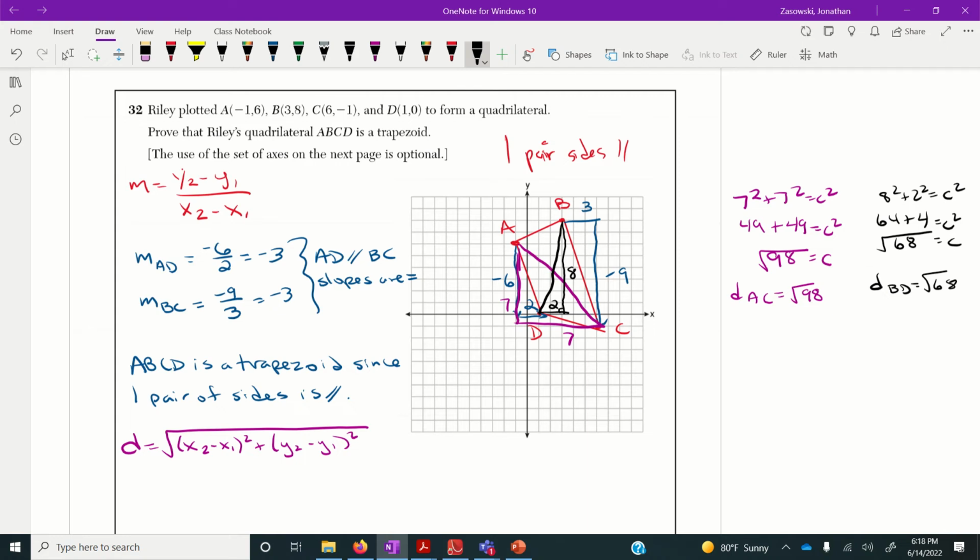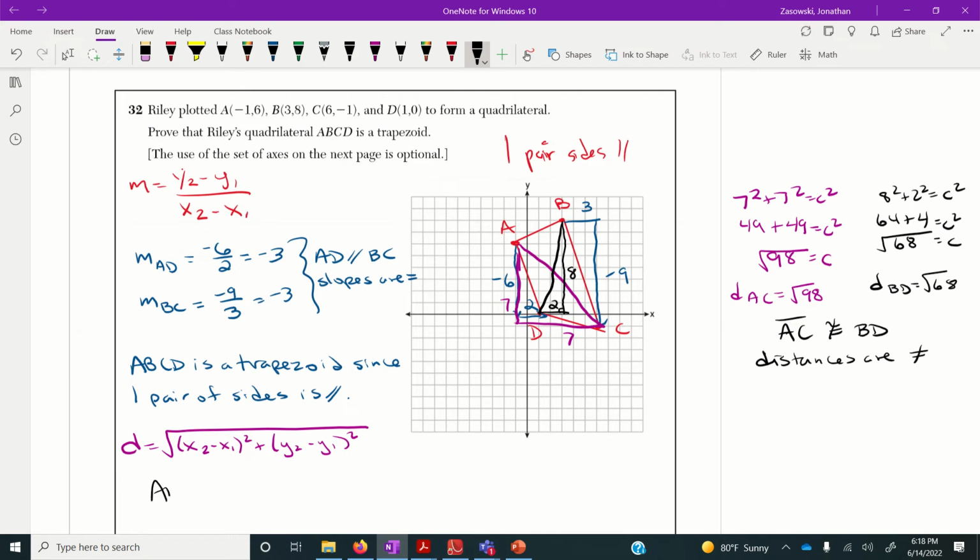Okay, and then we could say that AC is not equal or congruent to BD, because the distances are not equal. And then once we know that, we can say that it's not an isosceles trapezoid.